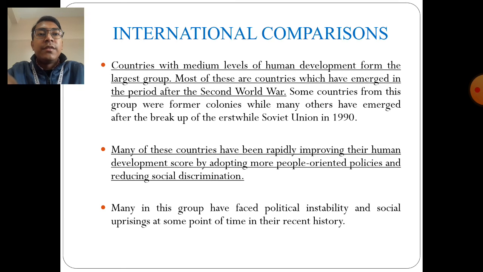Political instability used to prevail before, social uprisings and internal conflicts were there, and somehow they have overcome those problems, and they are now improving in the Human Development Index.